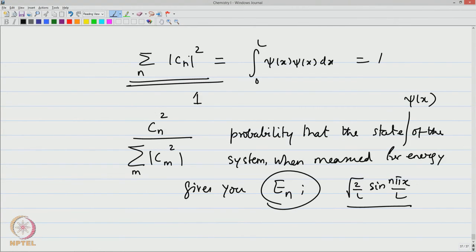Therefore, that is the interpretation for the linear combination coefficient. The coefficients are not important, they give rise to what are called the probability amplitudes and interference, but the square of the coefficients tell us about the probabilities for the results, the outcomes, the measurement of the state for a given energy, given eigenvalue, given eigenfunction, and so on. Okay. That is the interpretation for this.